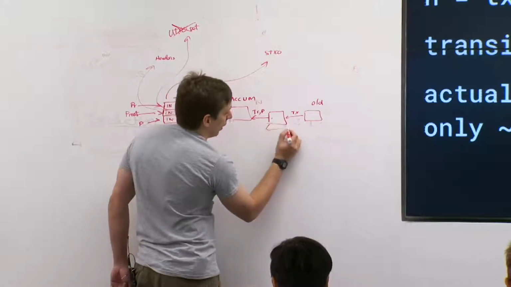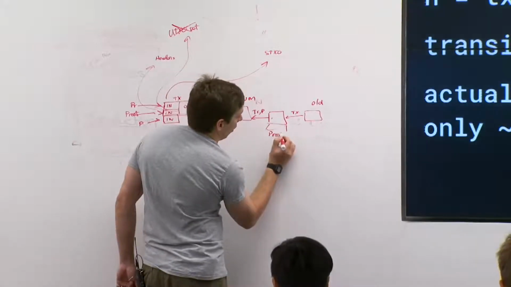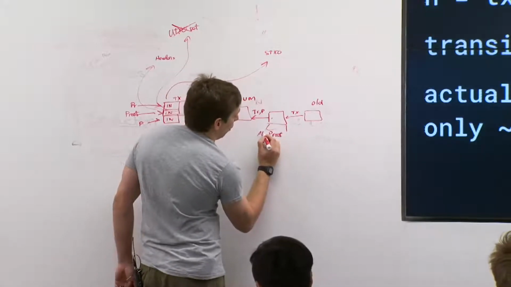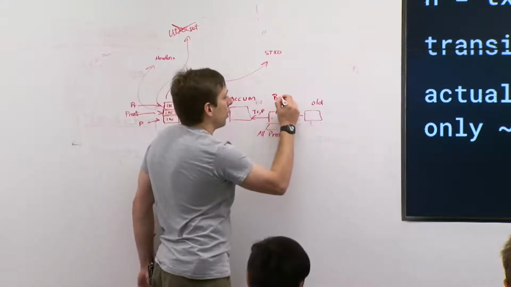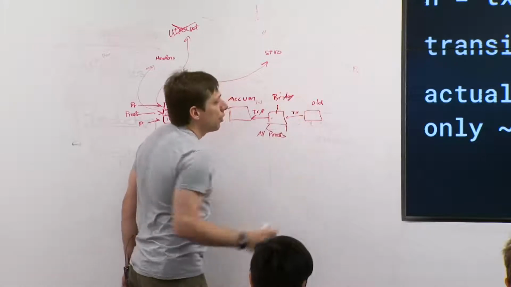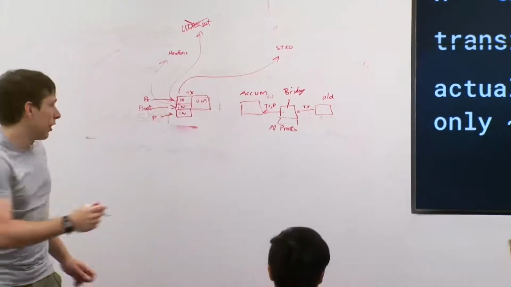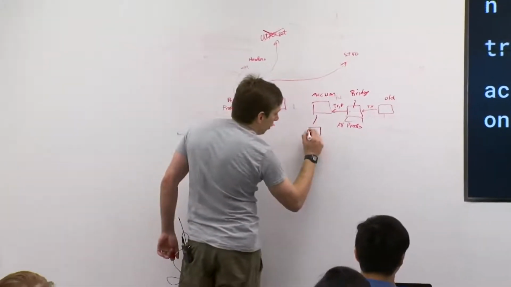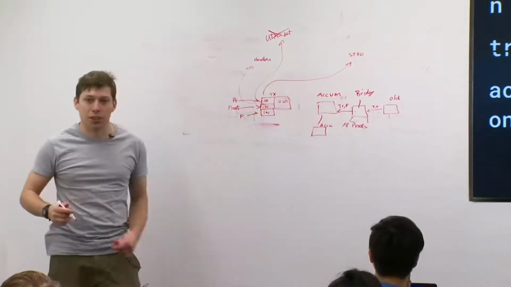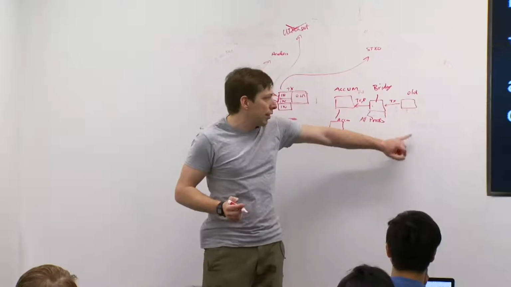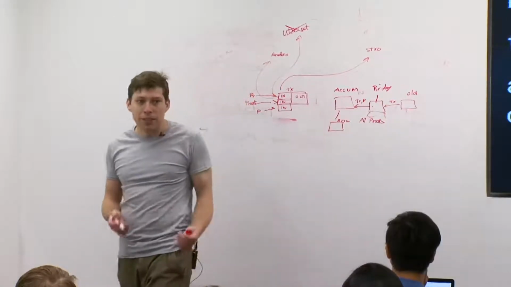So this basically has proofs for everything, like all proofs. So the bridge node can provide proofs. You only need one bridge node, right? So if these accumulator nodes talk to each other, they can send the proofs along to each other. The old nodes cannot send proofs because they're not aware of it in their software.